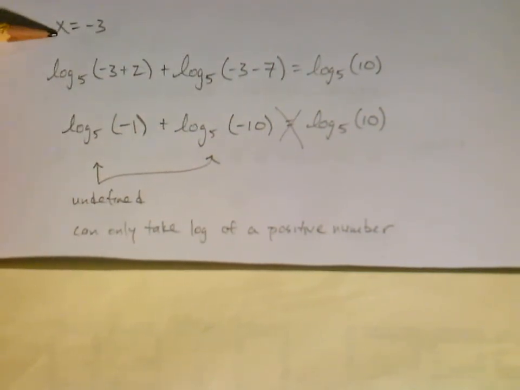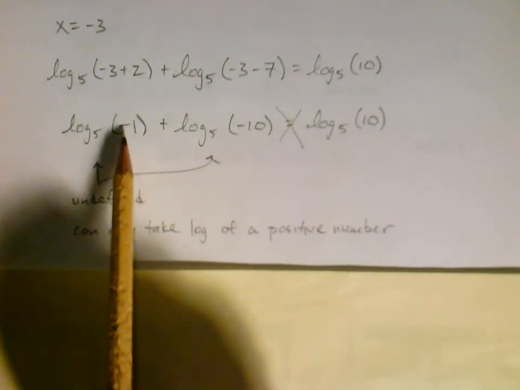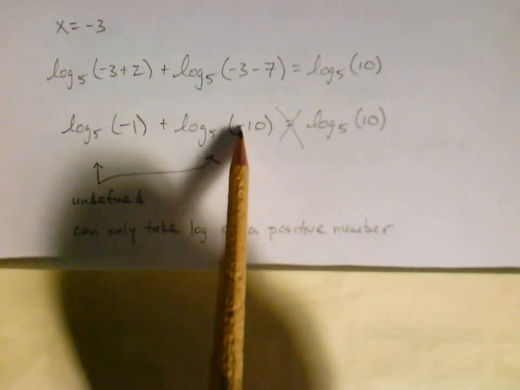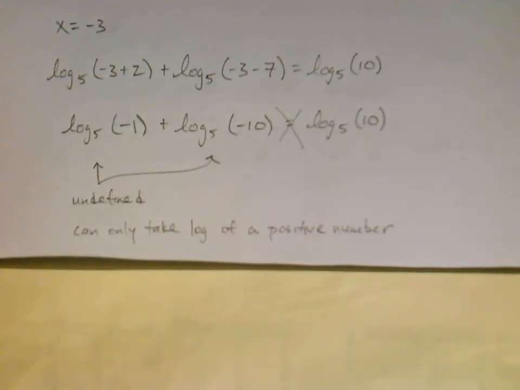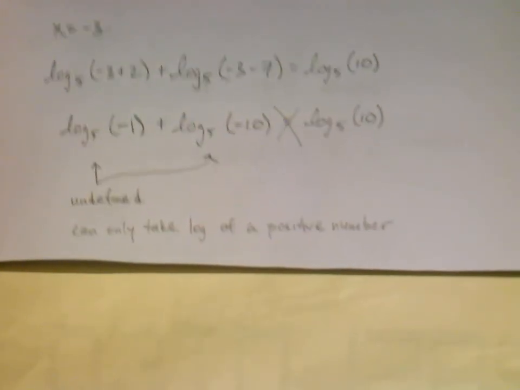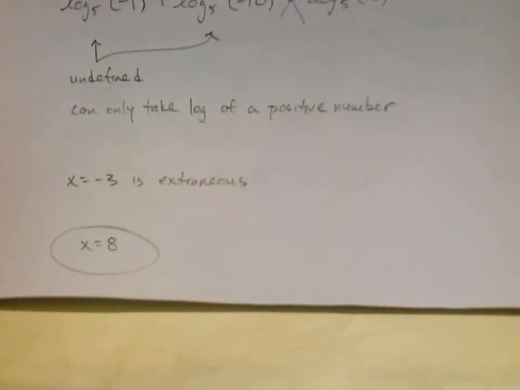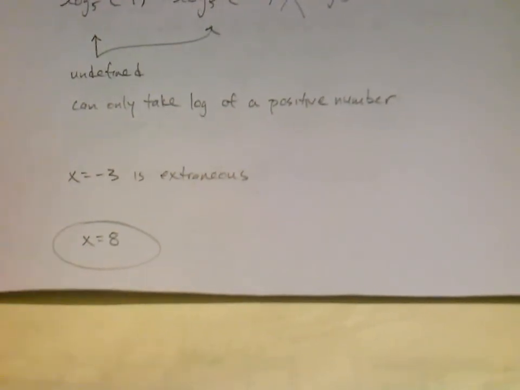You might have a negative solution and it be okay, because you might add numbers that turn it into positives, but here that did not happen. Okay, so in the end, x equals negative 3 is extraneous. The one answer is x equals 8.